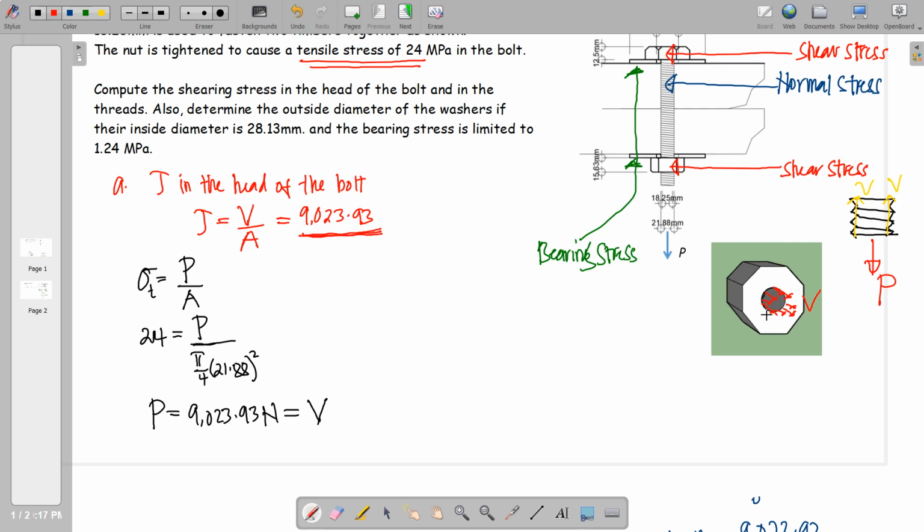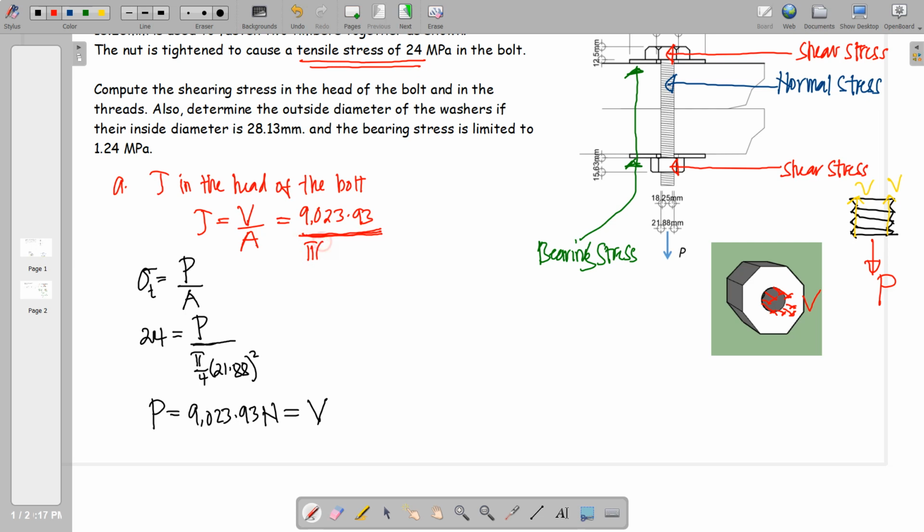It is the perimeter of the circular portion times the thickness of the head of the bolt, which is 12.5 millimeter. The perimeter of a circle is actually a circumference, and that could be expressed as pi times d.